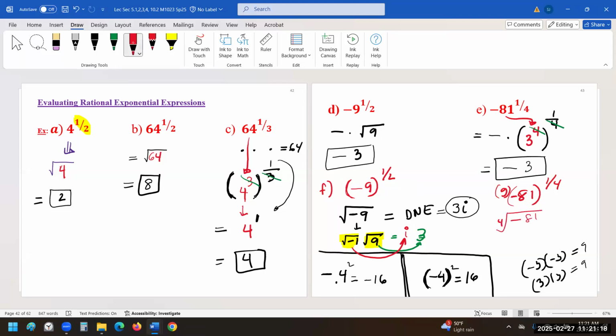You can write the 4th root of -1 and the 4th root of 81, but unfortunately, we have no idea what that thing is. This is not i. i is only the square root. If you have the square root of -1, it's i. But the 4th root of -1, it's not i. So here our answer is simply, it doesn't exist.